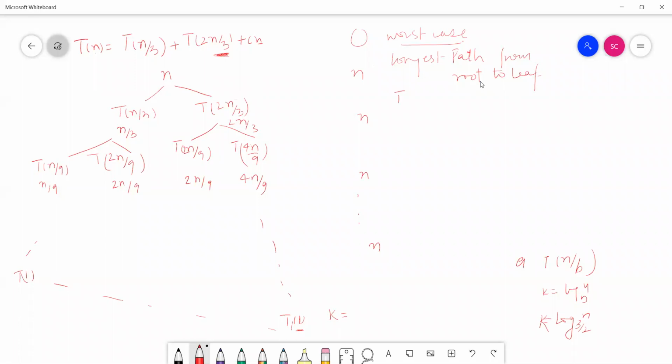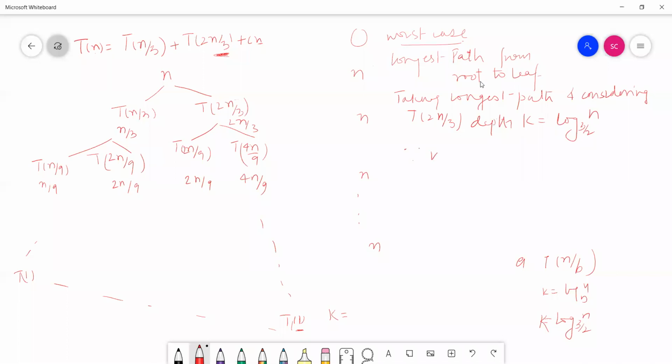So taking the longest path and considering T(2n/3), depth k is equal to log of n base 3 by 2.